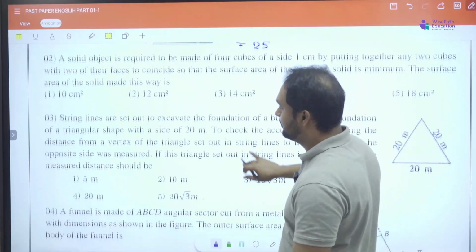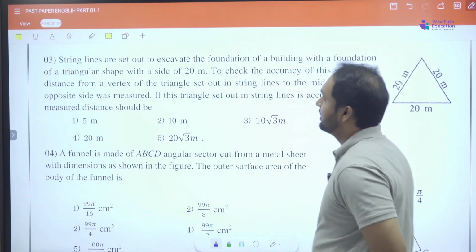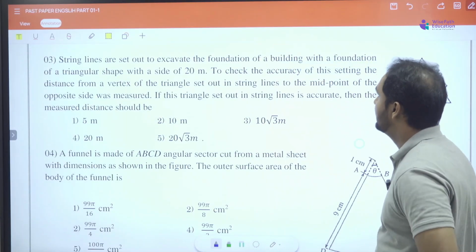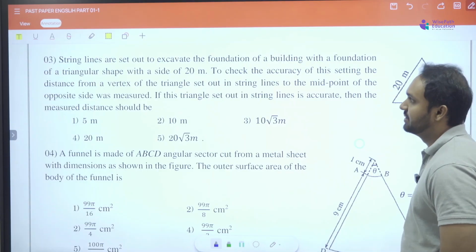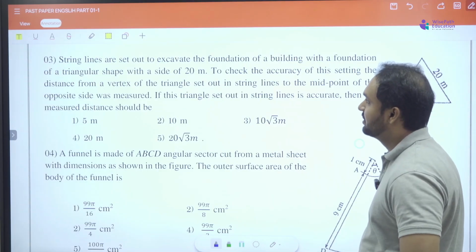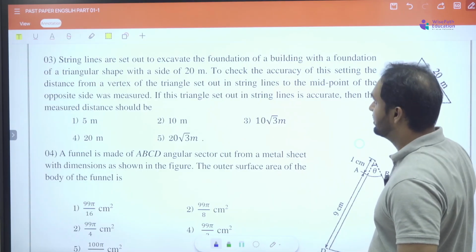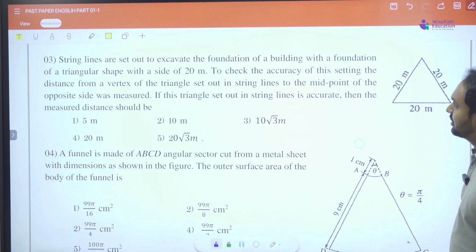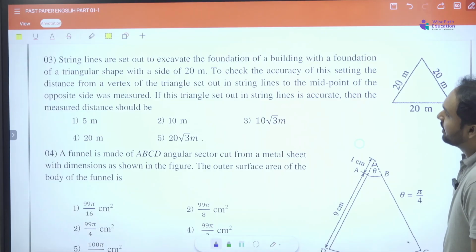Next question. String lines are set out to excavate the foundation of a building with a foundation of a triangular shape with a side of 20 meters. Now this is a triangle. To check the accuracy of this setting, the distance from a vertex of the triangle set out in string line to the midpoint of the opposite side was measured.